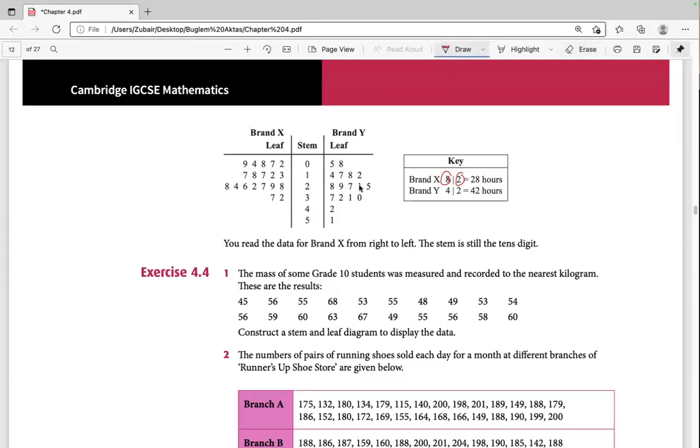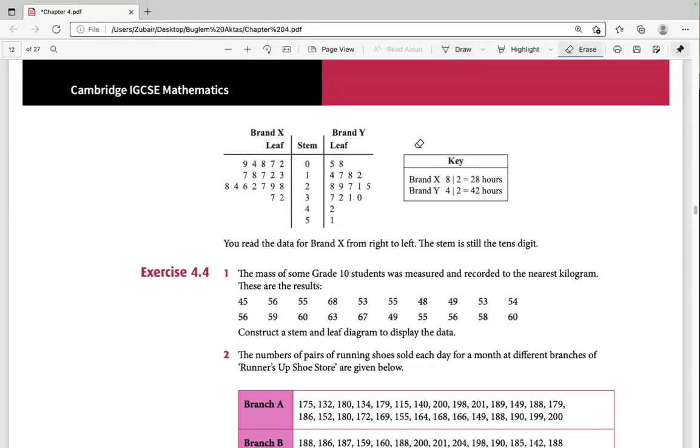And on right hand side, that's easy. 4|2 means 42 hours. So once we understand that key, we definitely need it when we have to give a discrete answer. Other than that, overall, we can clearly see which class has the maximum values. If I'm talking about brand X leaf, we know that from 2, 7, 8, 4, 9, that's not the modal class.